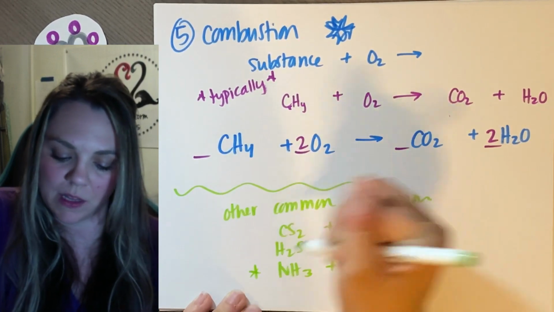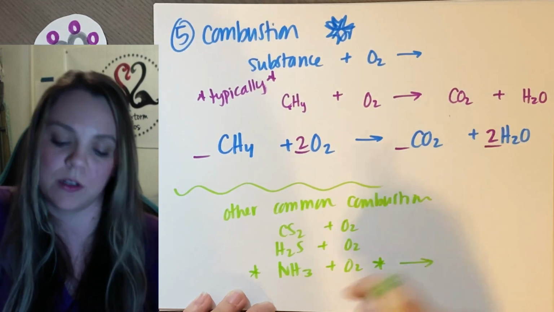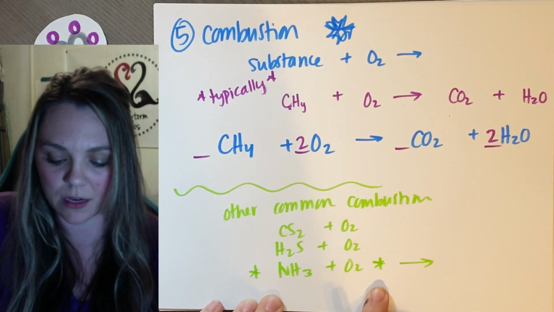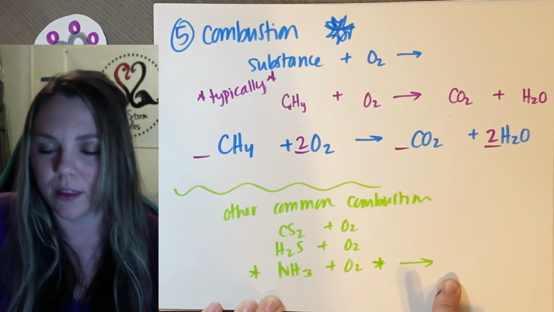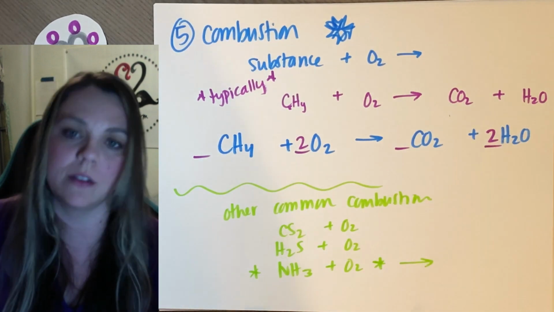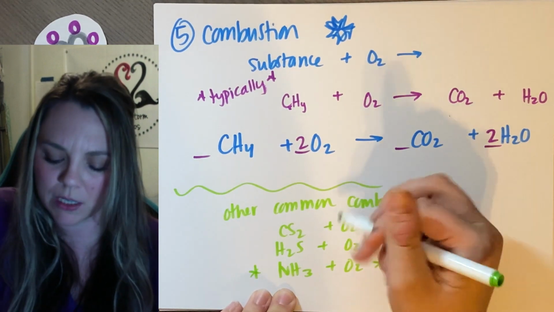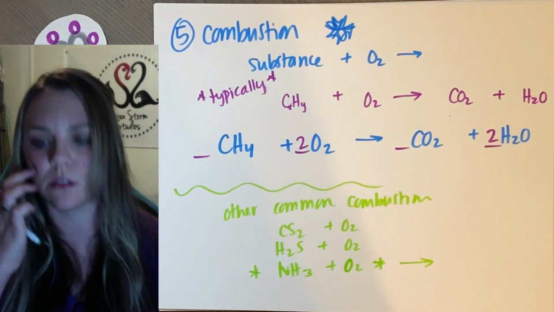I think this would be the most common one that they'll try and trip you up on. They'll put ammonia plus oxygen. I think that would be the most typical one they'll throw in there to say, what type of reaction is this? And you'll be like, ooh, it's not a hydrocarbon, but it is plus oxygen. Okay, so just be careful of that.